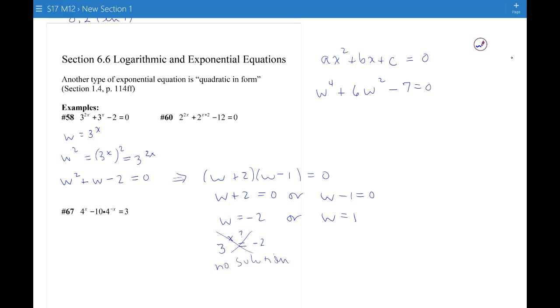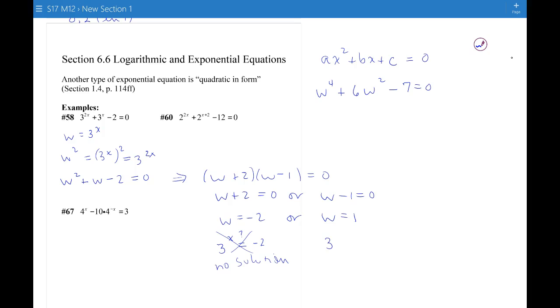There is no way to solve it. And if you think about taking logarithms of both sides, you'll see why, because you can't take the logarithm of negative 2. And if you just think about how an exponential graph looks, that's why we take time to think and talk about the domains and ranges, so that you can say there are no negative numbers in the range of an exponential function. So it's not possible to get negative 2 as a result.